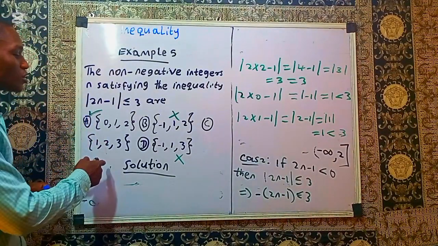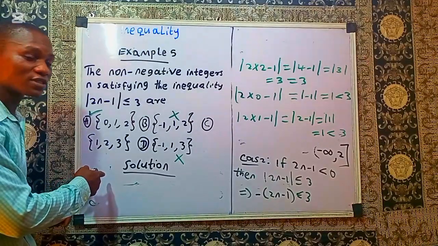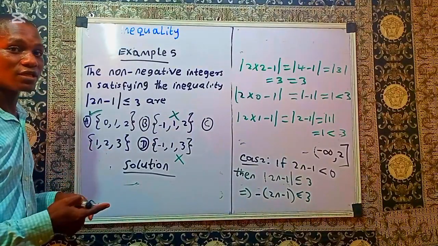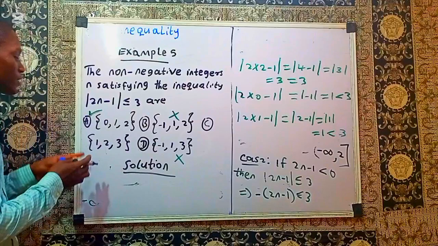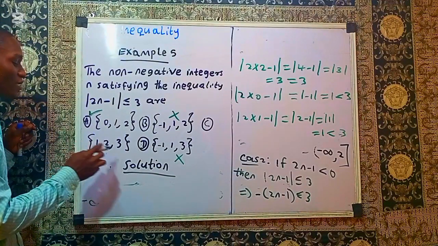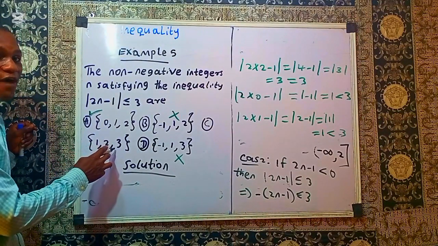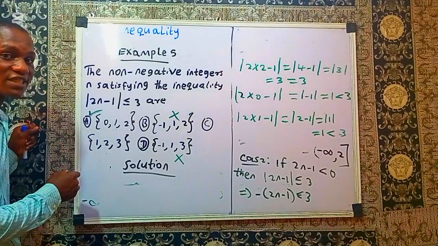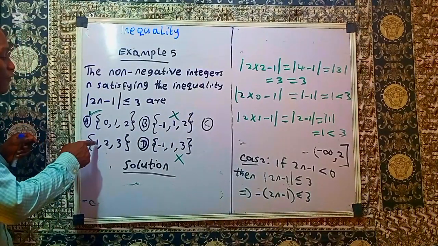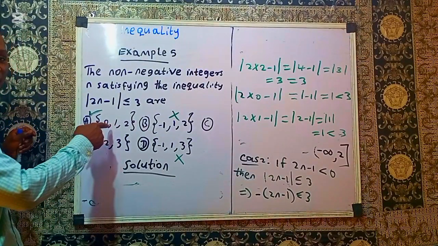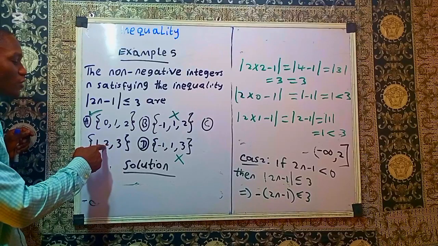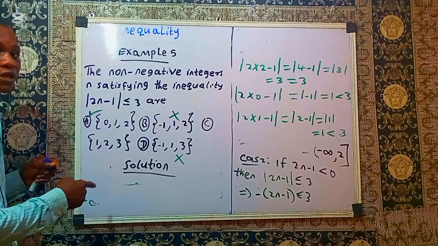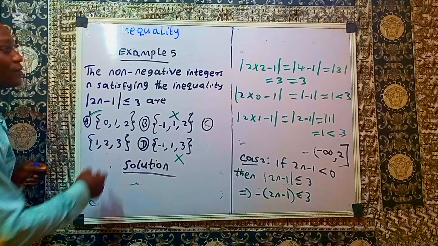Now, what of option C? What made option C a wrong option? Look at option C. What I have here is 1, 2, and 3 as the non-negative integers. We have already substituted 1 and 2 when we were checking option A. The only different integer we have here is 3.